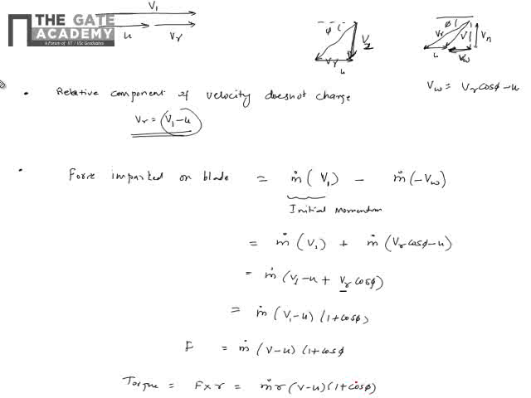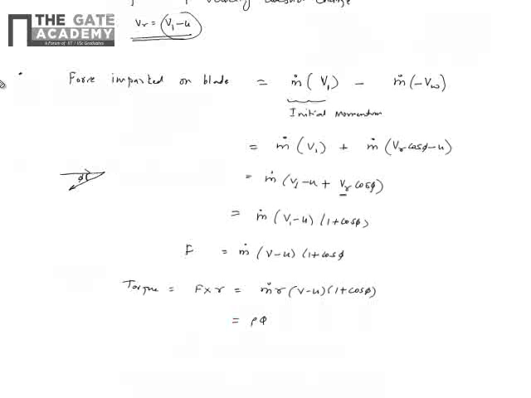Remember that phi is this angle: this is the outlet, this is the inlet, this angle is phi. And this is the torque applied. So mass flow rate I can write as rho Q, giving rho Q r times v minus u times 1 plus cos phi.